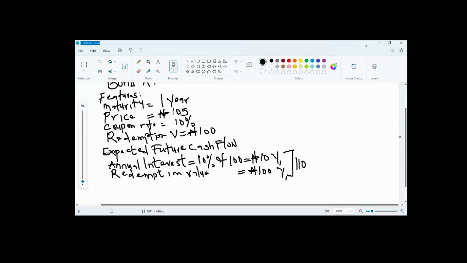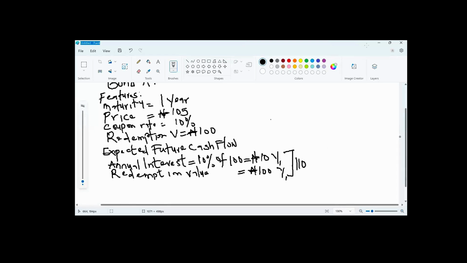Remember the definition of spot rates. We said spot rate is the interest rate that makes the price of a bond equal to the value at maturity. At maturity, we are going to have 110. The spot rate is that rate that makes the issue price equal to the value at maturity.